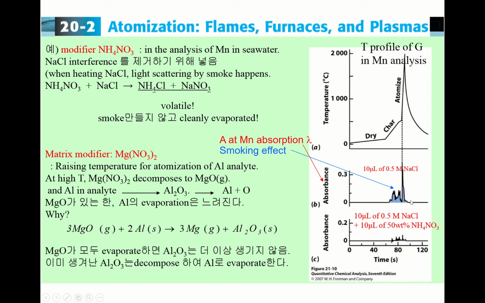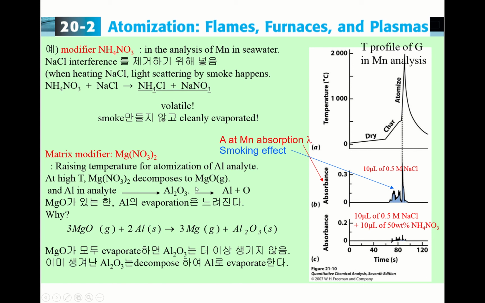But when you add sodium chloride and also ammonium nitrate, this reaction takes place inside the furnace, and they are all volatile. So the smoking effect in this case is mostly removed.